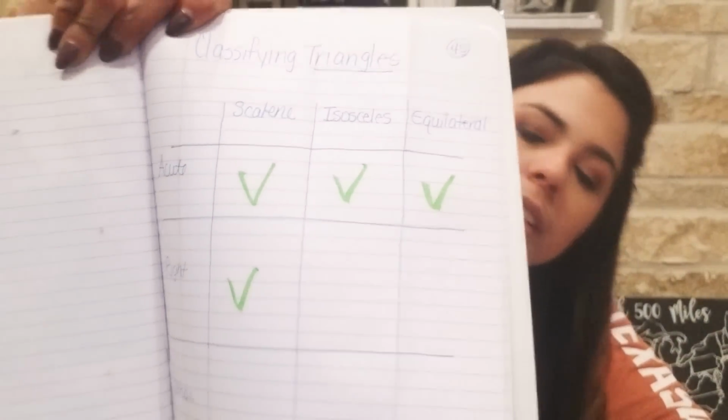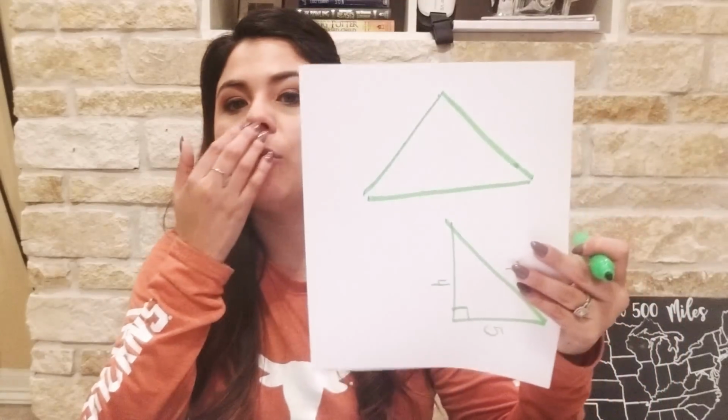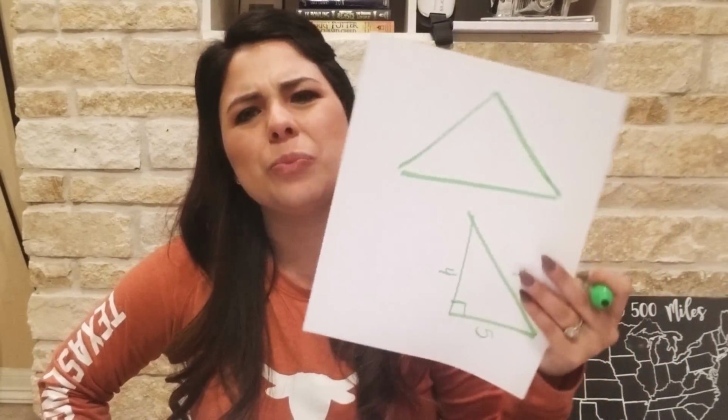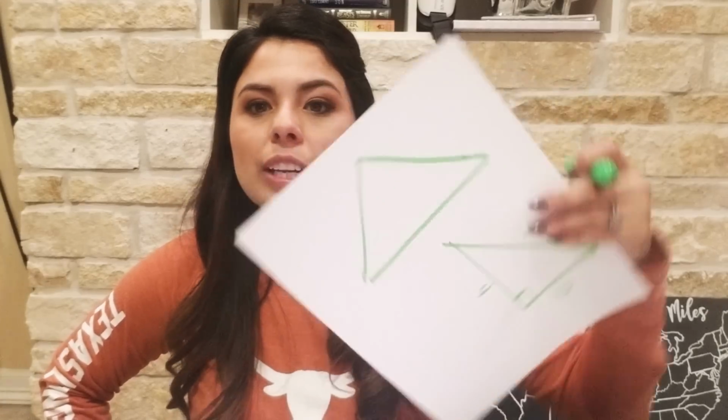You see that? Okay. The next option is, can I have a right isosceles? Maybe. We'll check it out, right? Can I have a right isosceles? And you might be thinking, well, no, miss, you can't get it. But you know what? You're thinking about it wrong. Look at this.